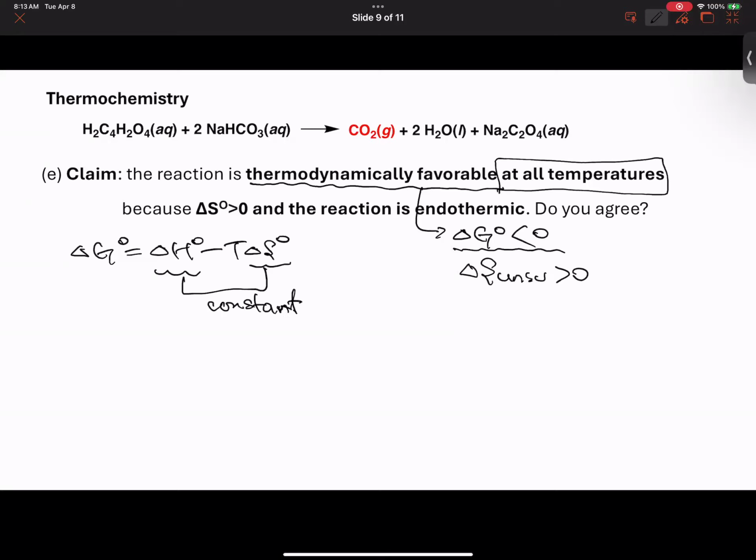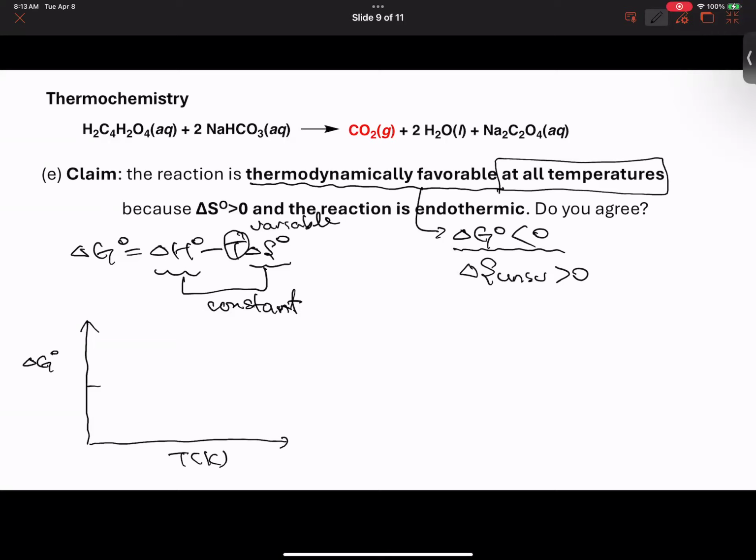What is changing is only temperature. Temperature is variable, so we can draw the graph of delta G versus temperature. As temperature increases, let's write Kelvin unit temperature on the x-axis and delta G as a function on the y-axis.